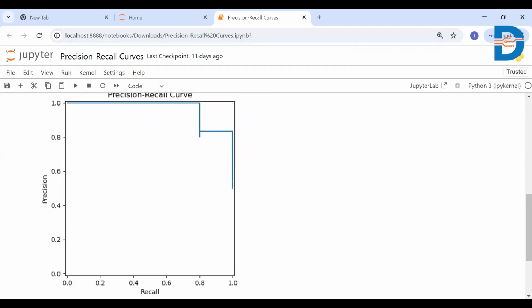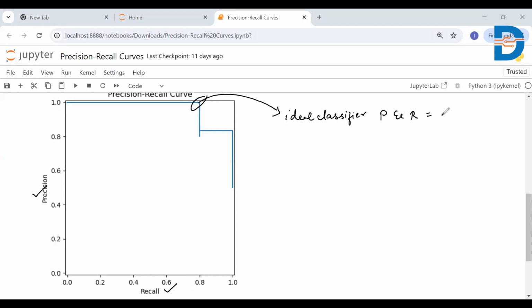That is what gives us this curve, where on the x-axis you have recall and on the y-axis you have precision. You can see both precision and recall are 1 until you reach the threshold of 0.8. For an ideal classifier, or for you to call your model the best model, precision as well as recall should ideally be 1.